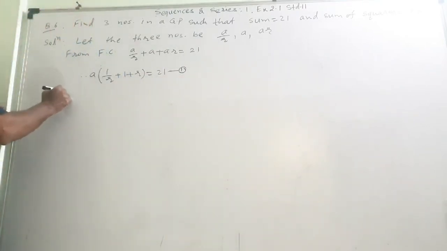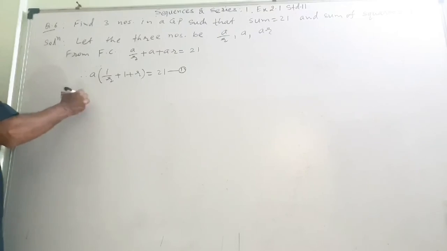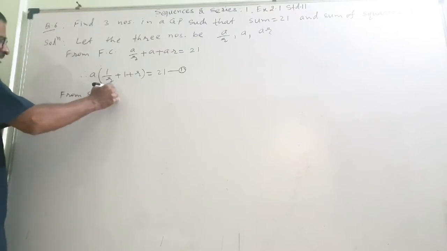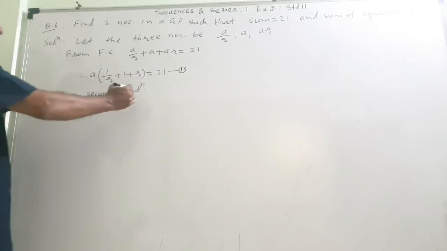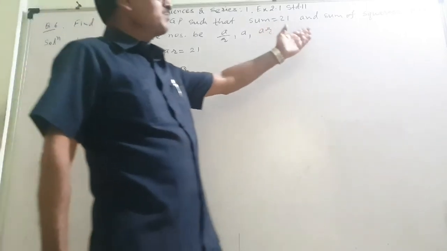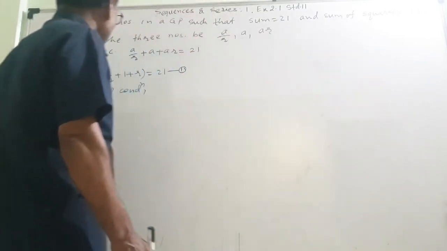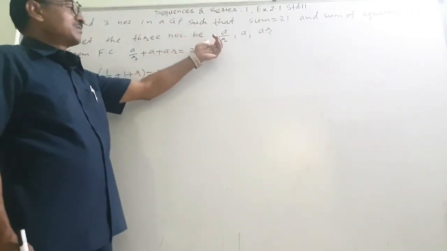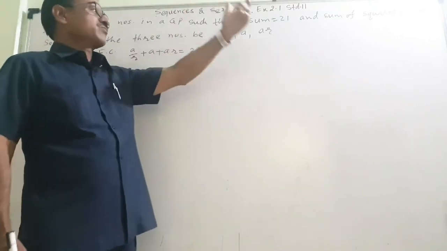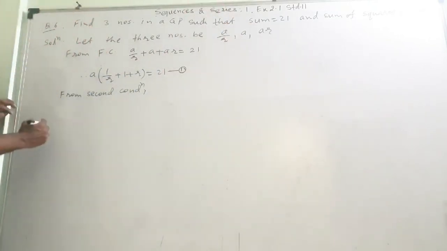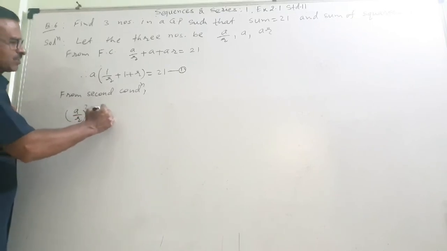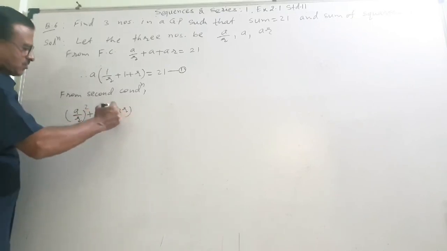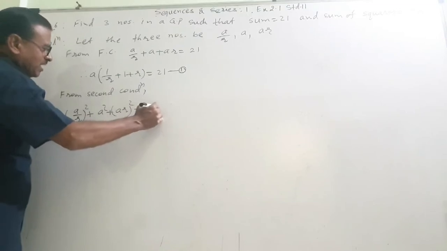From the second condition, what is the second condition? Sum of the squares. Sum of the squares means square of this plus square of this plus square of this will be 189. From the second condition, A upon R whole square plus A square plus AR whole square is equal to 189.